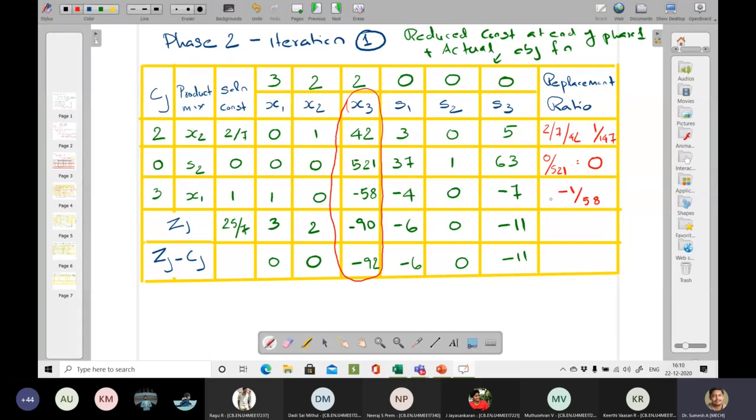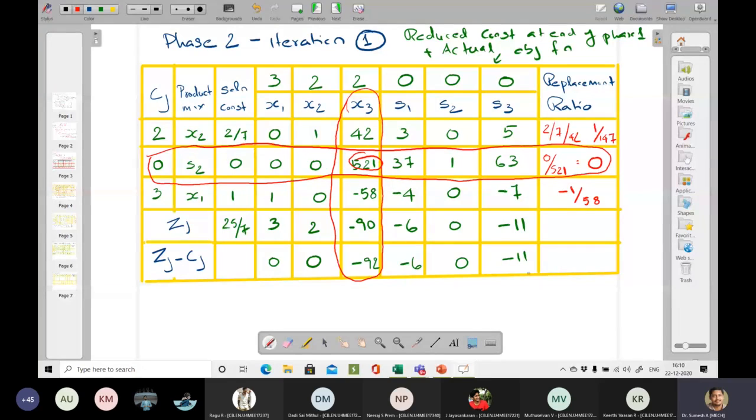So S2 is my key row, and my key number is 521. Okay, so I have to go for the next iteration. So please solve the next iteration.